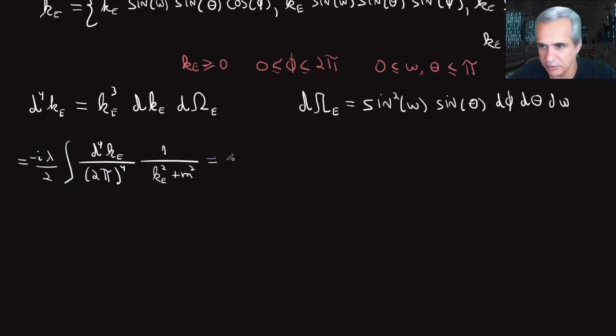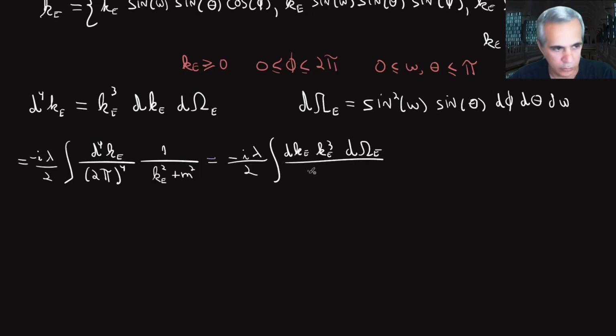This becomes minus i lambda over 2 integral of d^4k, over (2 pi) to the fourth, times this propagator. And just copy it here, right?